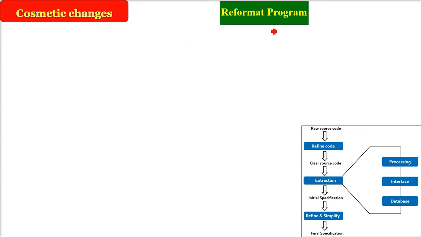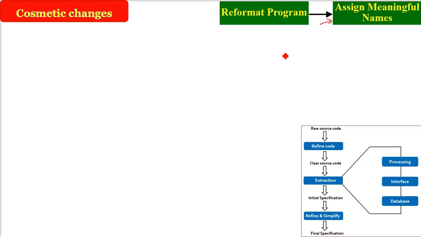So the cosmetic changes: the first is that you have a code with you. You need to reformat the program. The formatting has to be done properly, and most of the time the maintenance involves changing of the names. It can be a variable name, a data structure name, even a database name. So assign meaningful names.